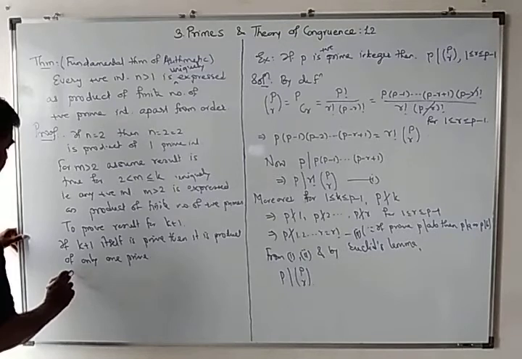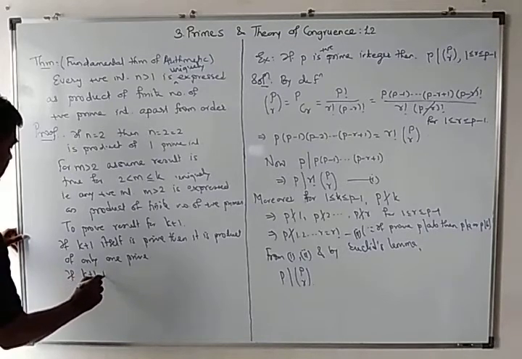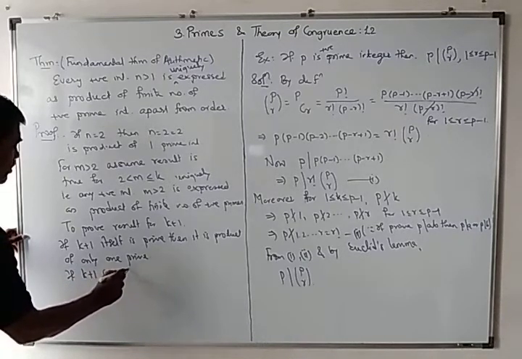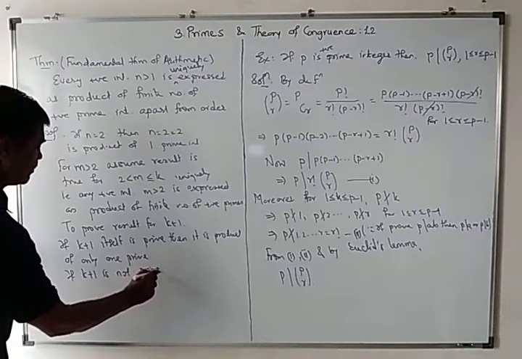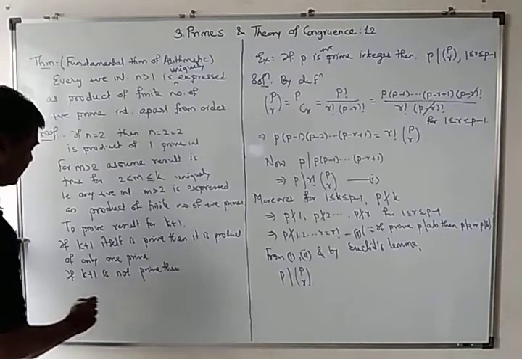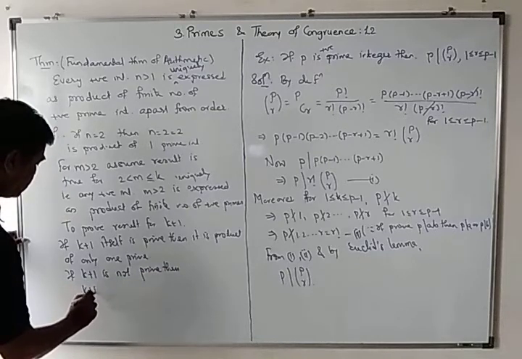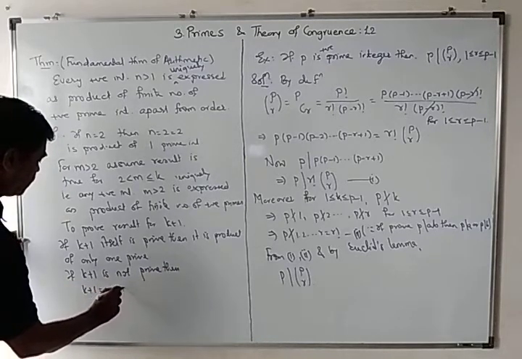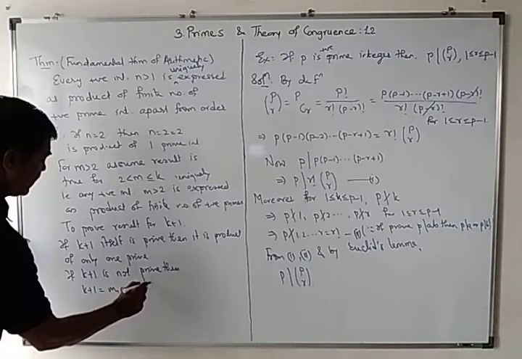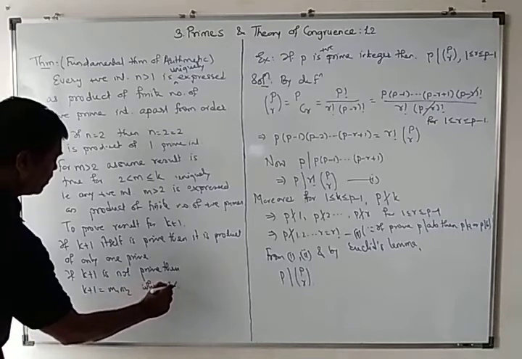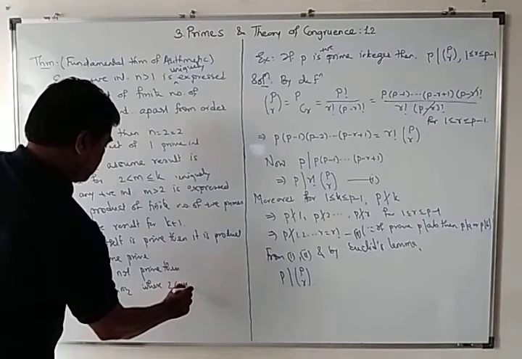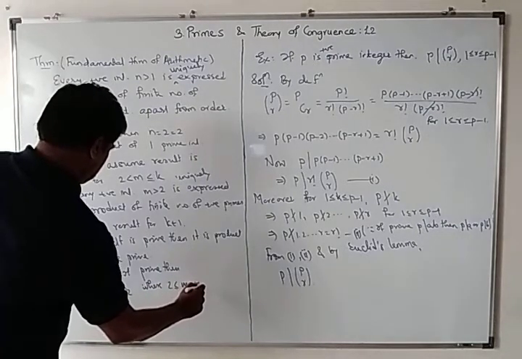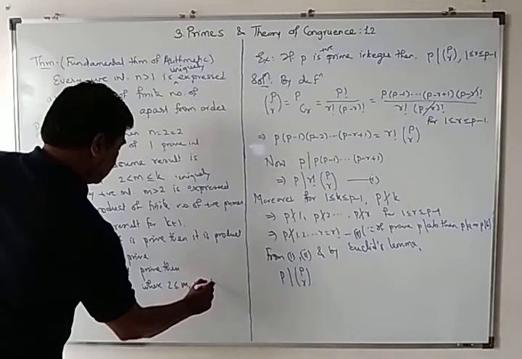If k + 1 is not prime, then k + 1 is equal to m1 m2, where 2 ≤ m1, m2 ≤ k.